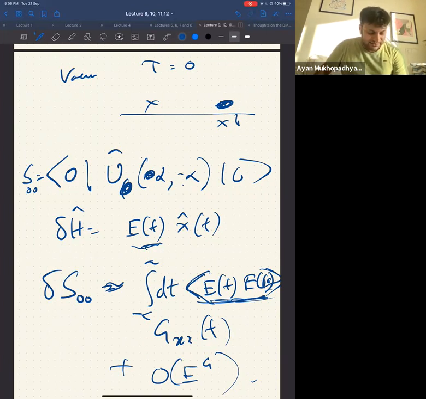In a classical setting, if E(t) is a probabilistic field, suppose it's a random field of some kind which has zero mean, you could think about what is the probability amplitude that it stays in the ground state after this. It may have some classical analog too. There might be a good limit where H bar goes to zero.